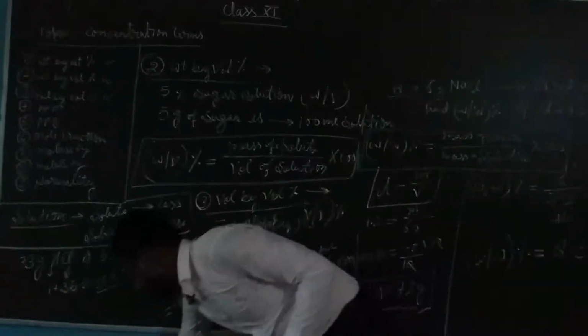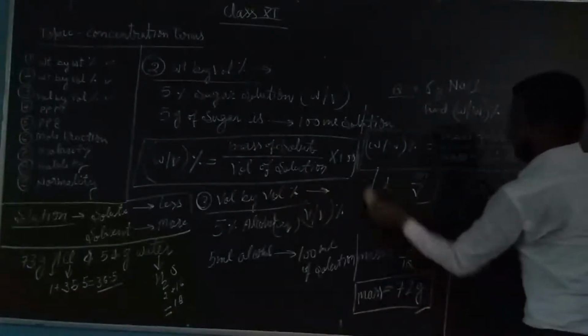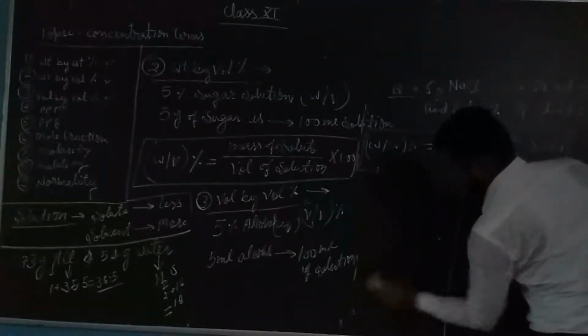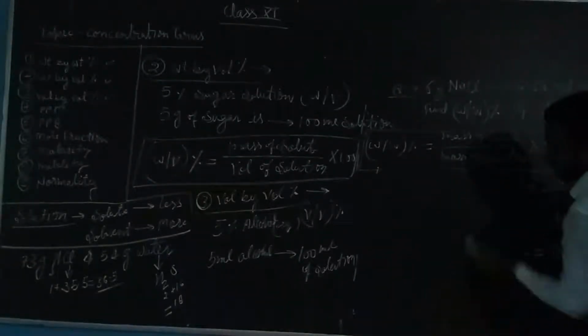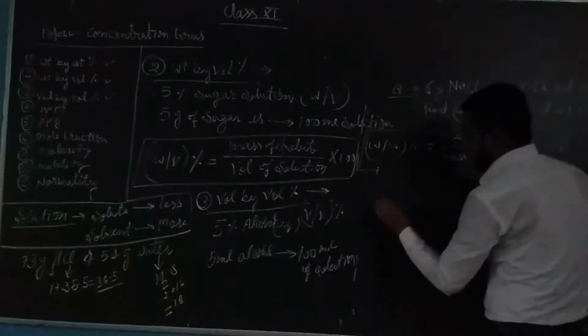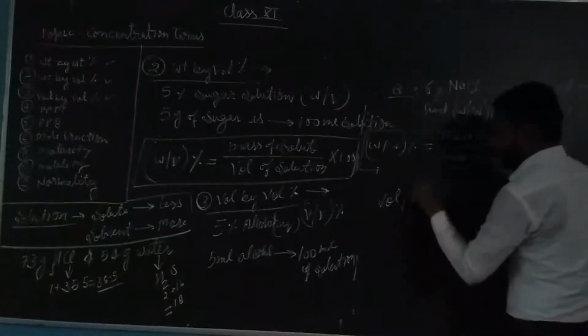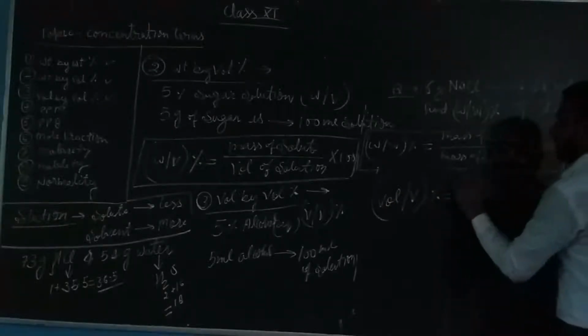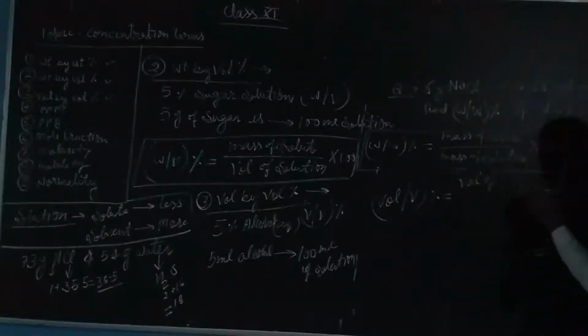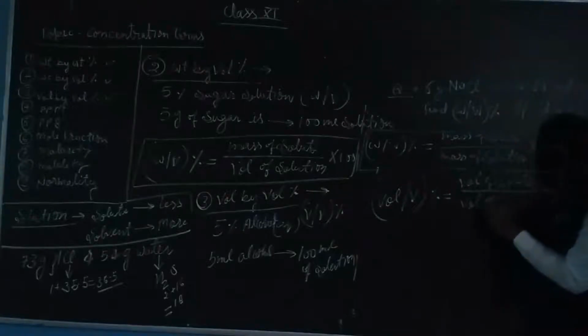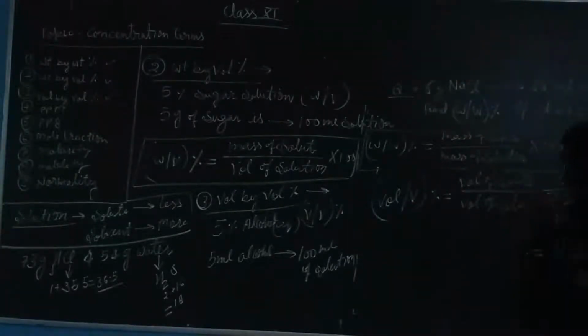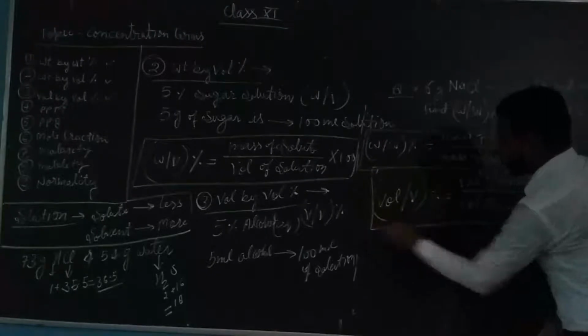And we can write the formula: volume by volume percent is equal to volume of solute upon volume of solution into 100.